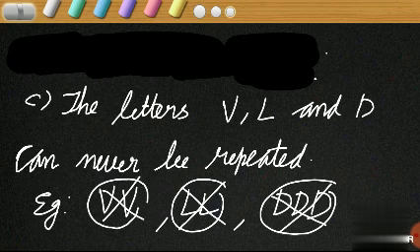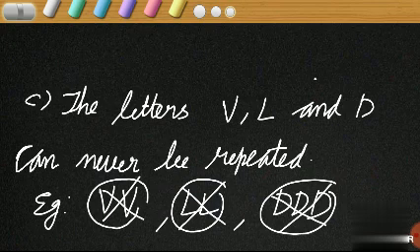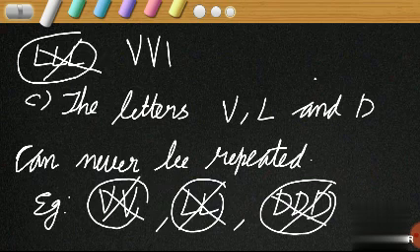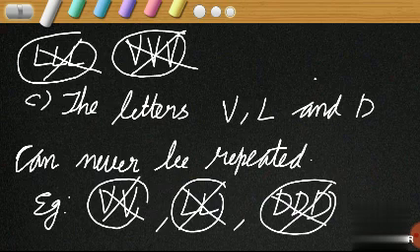We can't repeat these letters. Can we write 15 like this? 5 plus 5 plus 5, 15. Is it possible? No. The letters V, L and D can never be repeated. That is the C part of our first rule.